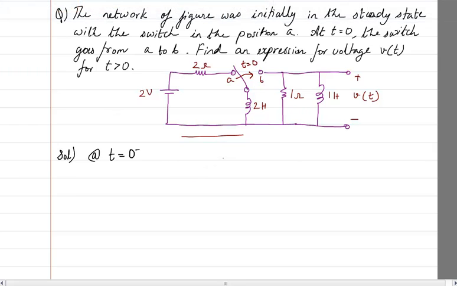So the condition is basically that we are having a circuit with only the battery with a resistance, and it is connected to an inductor. Now what about the inductor? Here it is said that the circuit is in steady state. That means it has already achieved a steady state. That means the inductor is charged. And we know that once the inductor is charged, it will act as a short circuit.